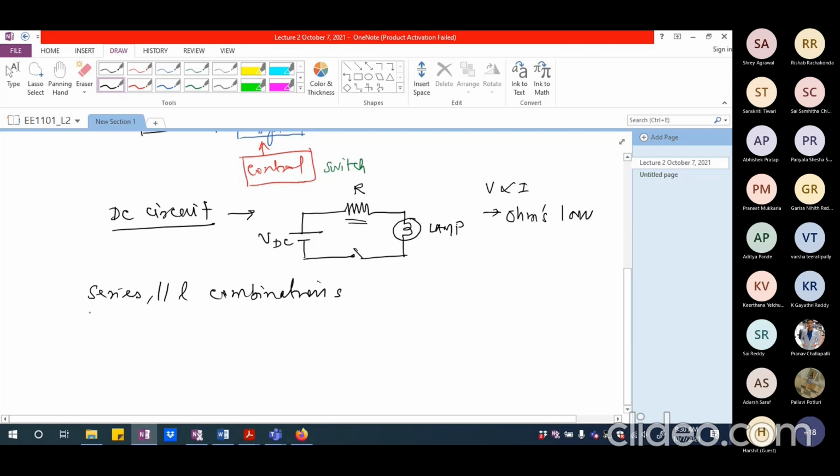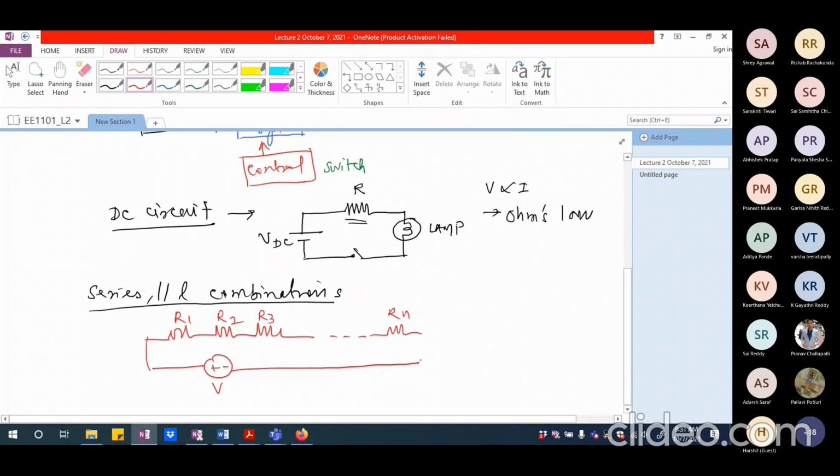I'm just going to recall this once again. If I have R1, R2, R3 and so on until Rn, and they are all connected in series, the current is going to be the same. Whereas the voltage applied, if I am applying a voltage V, I'm going to have the same current flowing through all of these.